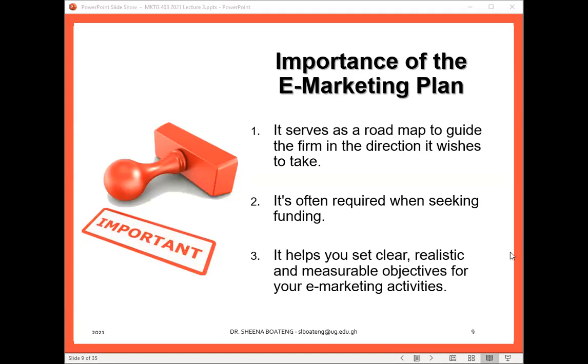And given that the e-marketing plan is a roadmap or a guide, it helps us set clear, realistic objectives so that once we achieve them, we can measure them and say that, yes, what we set out to achieve in the beginning, we have been able to do based on perhaps the tactics that we have used or the activities that we have performed. So that is the third importance of the e-marketing plan.